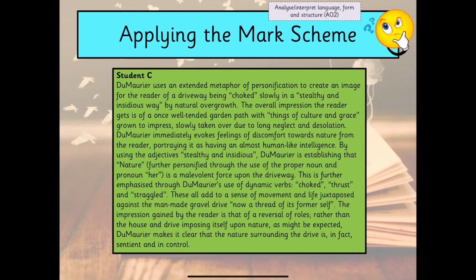These all add to a sense of movement and life juxtaposed against a man-made gravel drive, now a thread of its former self. The impression gained by the reader is that of a reversal of roles. Rather than the house and drive imposing itself upon nature as might be expected, Du Maurier makes it clear that the nature surrounding the drive is, in fact, sentient and in control."